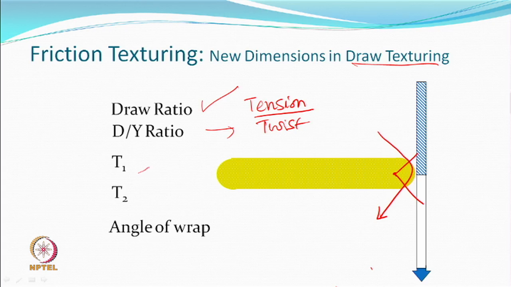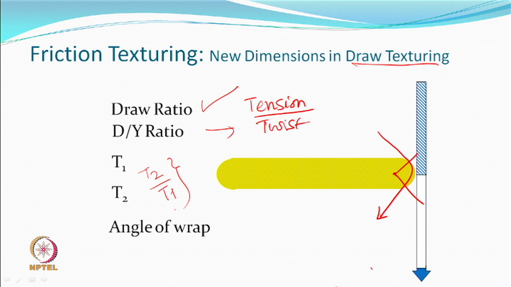Another parameter is tension before and tension after, which get related by the interaction that takes place during the twisting process. So, at some stage we may like to understand the ratio of T1 by T2, not just the absolute value of T1 and absolute value of T2, but the ratio of T1 and T2 can also have some relationship as to whether the twisting is happening nicely or not.